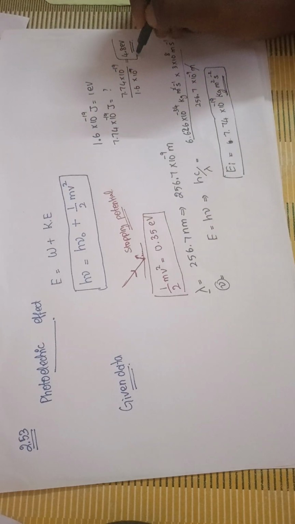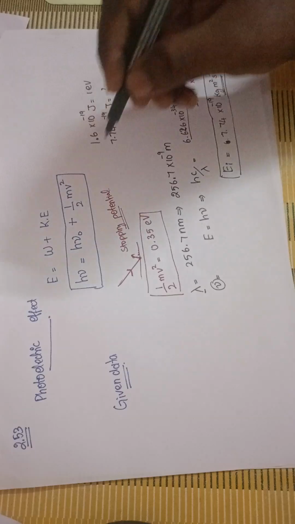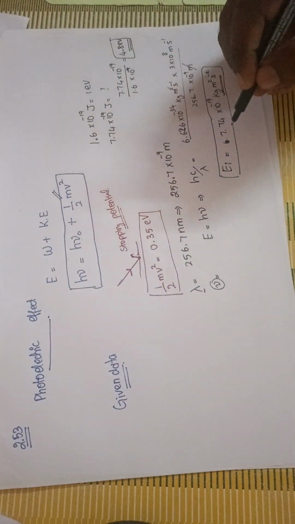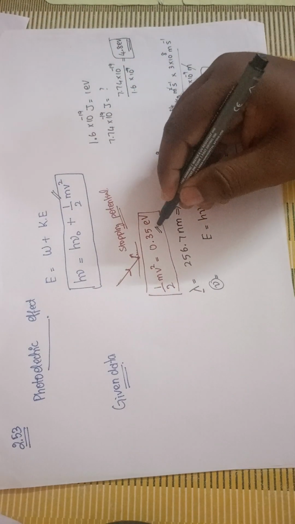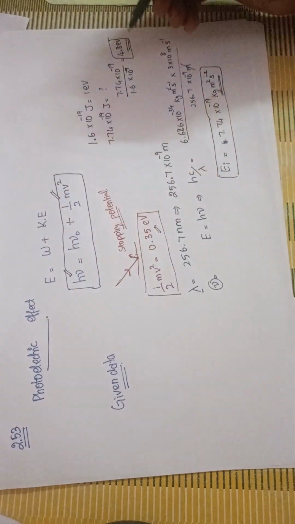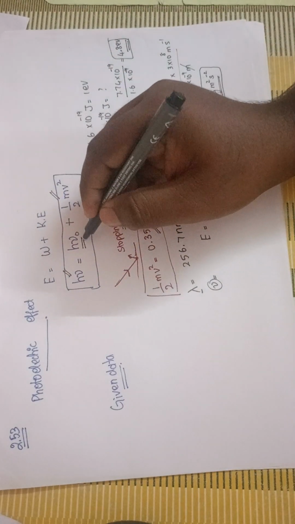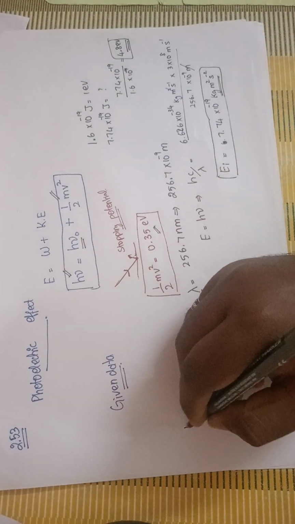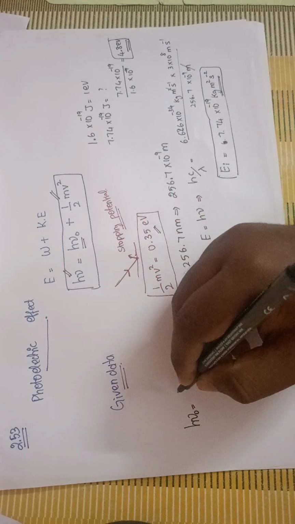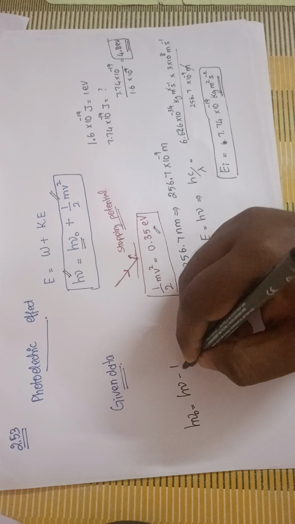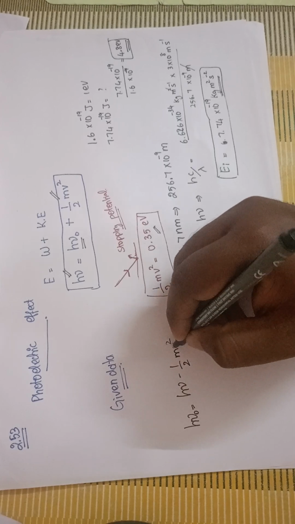So இப்போ half mv square-ஓட value தெரியும், 0.35 electron volt. h mu-வோட value தெரியும், 4.8. அப்போ h mu naught கண்டுபிடிக்கலாம். அவங்க கேட்டிருக்கிறது work function தான். So h mu naught equal to h mu minus half mv square.